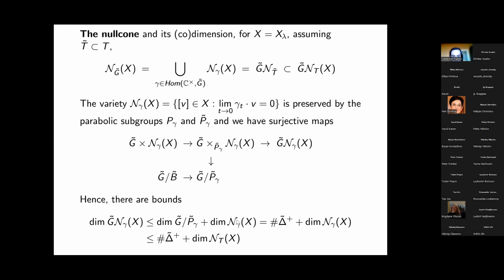And now this sum here, I can further compute because of this surjective morphism and because the dimension of G tilde mod B tilde is just the number of the positive roots of the tilde. And then I have to just add this piece. Well, for this piece, I can add, as noted here above, I can just add the dimension of something larger.